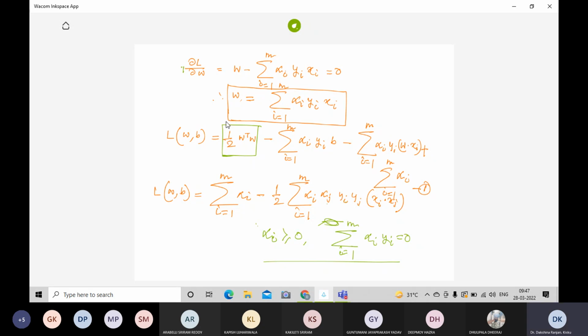If we consider the classifier is f, we can write f of x cap equals sign of summation over j of 1 to m alpha j yj xj dot x cap plus b.